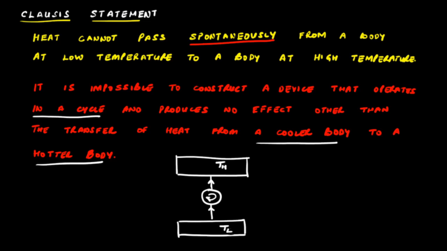Therefore, this statement implies that it is impossible to construct a refrigerator that operates without work input. So basically what you have over here is a refrigerator which works with zero work input, and the Clausius statement says that such a device is not possible. So in other words, the Clausius statement states that the COP of a refrigerator cannot be infinity, so the coefficient of performance of a refrigerator must always be less than infinity.